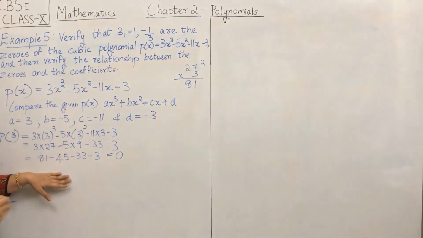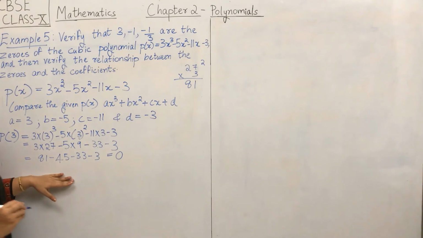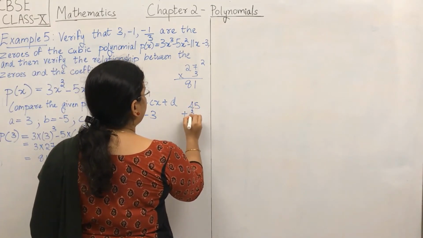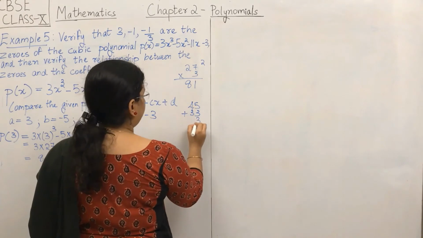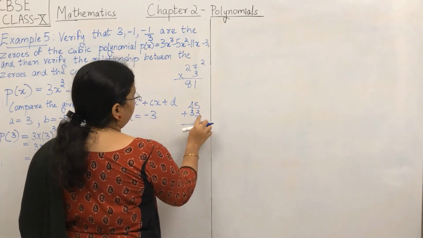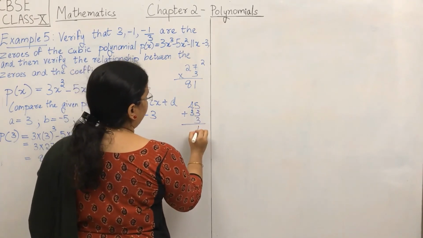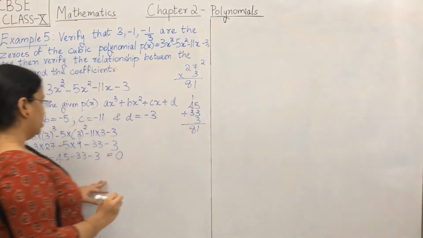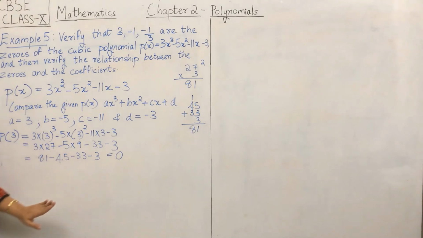Okay, so any problem? Doubt? Here 45 plus 33 plus 3 equal 6 plus 5, 11, 1 remainder 8. 81. So it cancels out, answer 0.